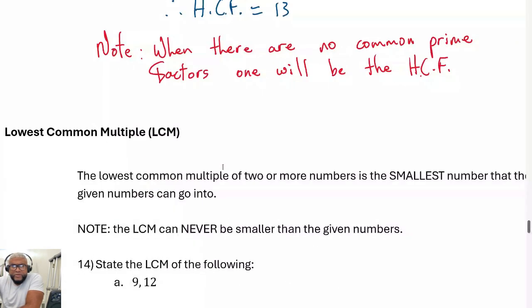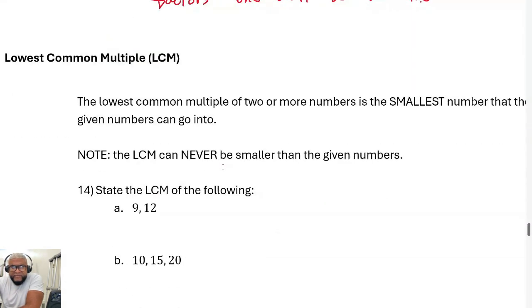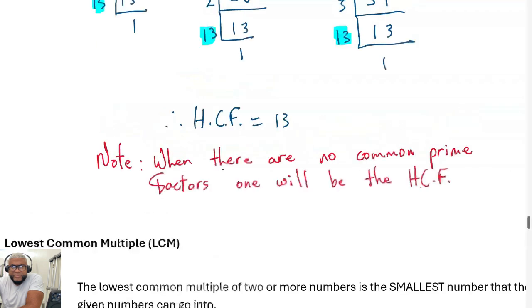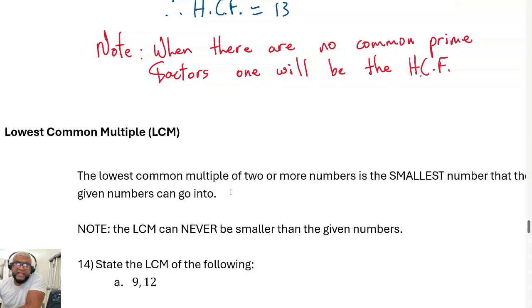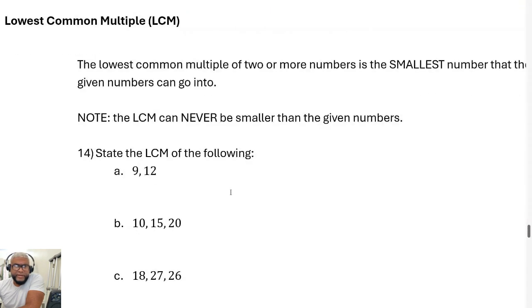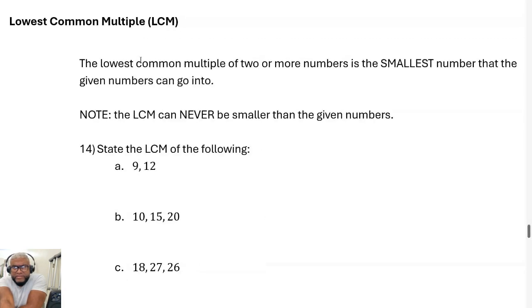Right. So we're going on to the last thing I had planned for today, which is lowest common multiple. Anybody still writing up here? Ramo, you get all this? Yes, sir. All right. So your lowest common multiple, the lowest common multiple of two or more numbers is the smallest number that the given numbers can go into.